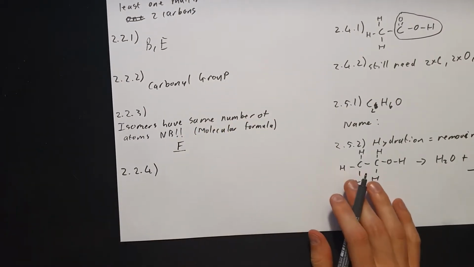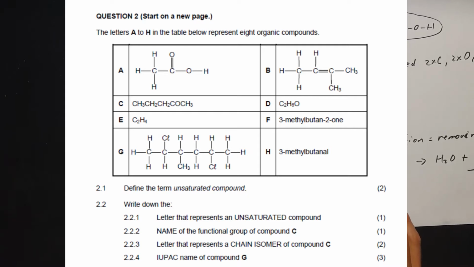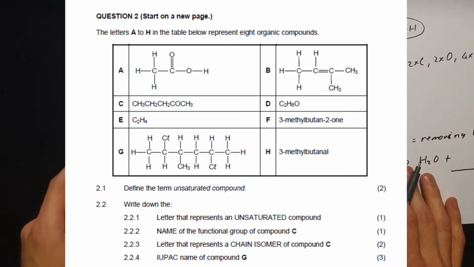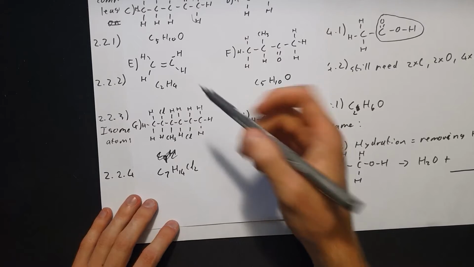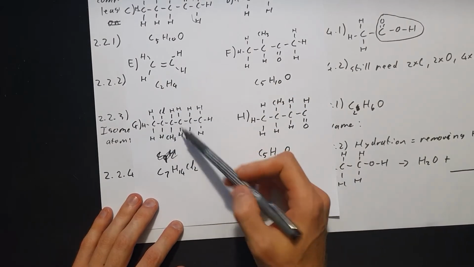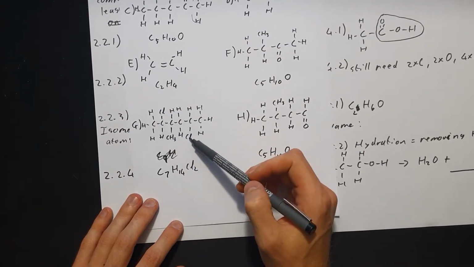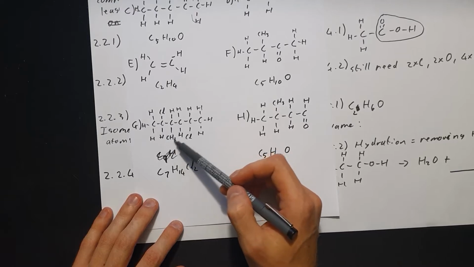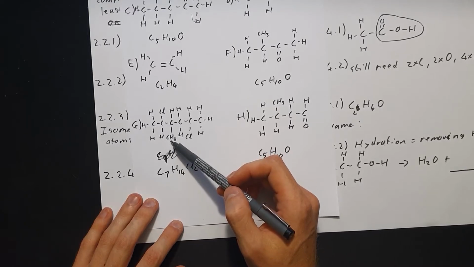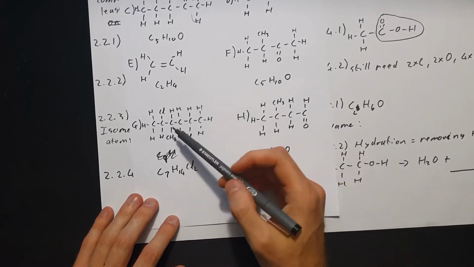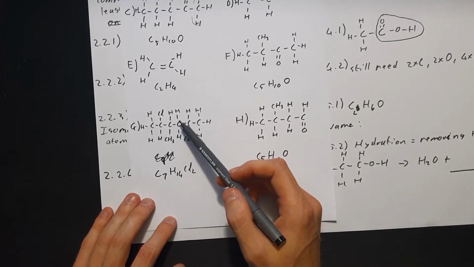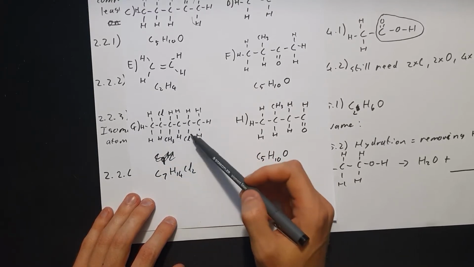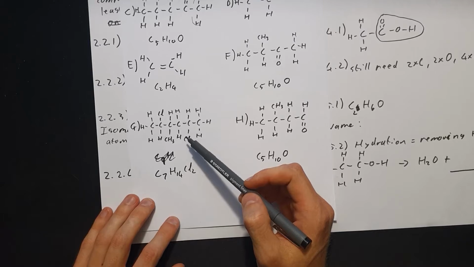Now 2.2.4 says the IUPAC name for compound G. Let's have a look at G. G has 2 chlorines attached to it, plus this CH3 chain attached to it. Remember your IUPAC rules, you always start counting from the side which will give your chains the least number.